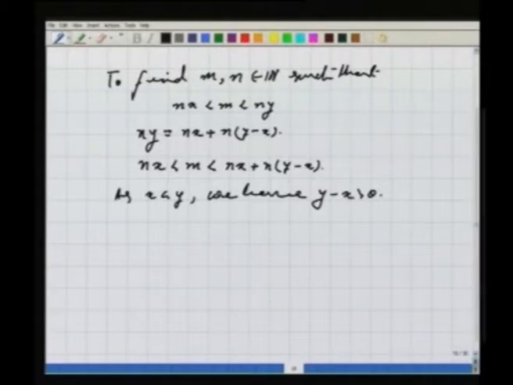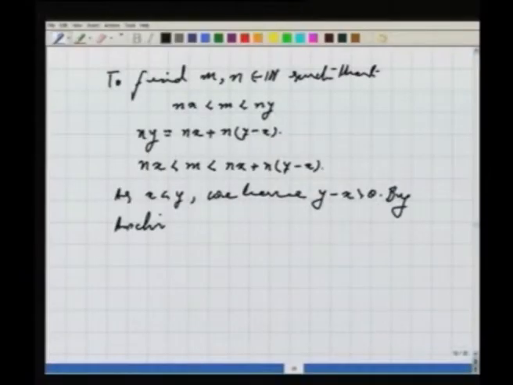In this case, I say by Archimedean property, I can always manage to find a natural number n such that n into y minus x, let us say, is bigger than 10.